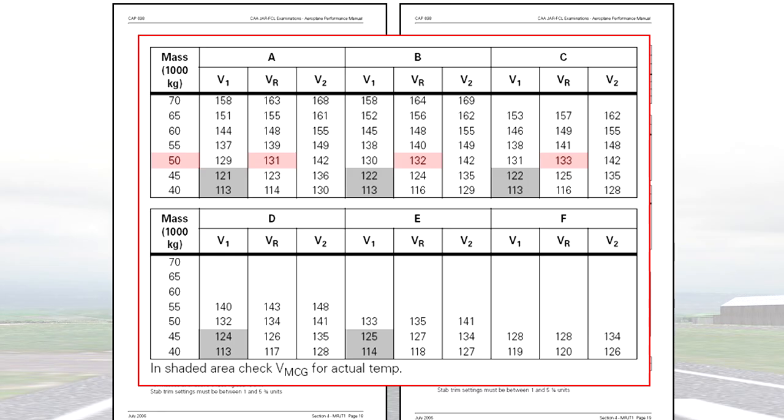In modern airliners, VR is calculated not by looking at the speed tables, but it will be computed by the aeroplane once the relevant data is inserted into the Flight Managed Computer or Multipurpose Computer Display Unit.